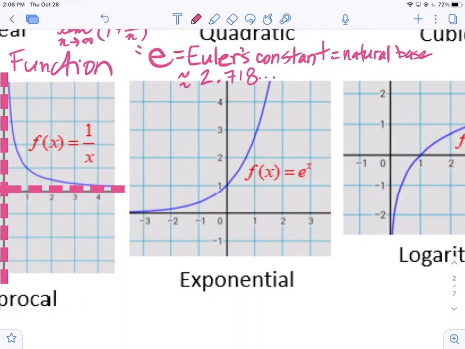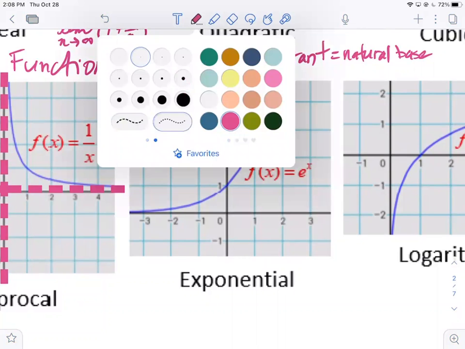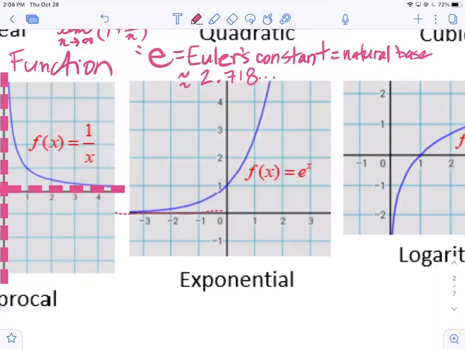Okay, so this is going to be the parent function for all exponential functions. Guess what it has on the x-axis? A horizontal asymptote, right? We talked about exponential functions having a horizontal asymptote, but only affecting the graph on one end. Same thing here.